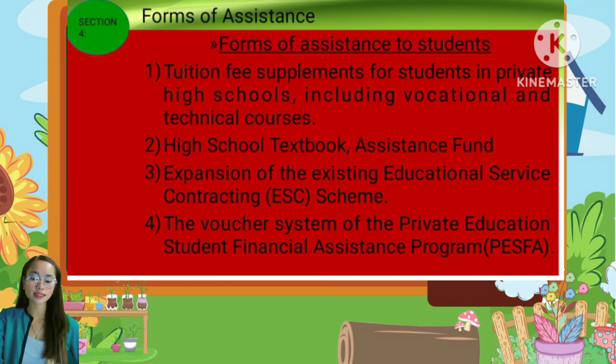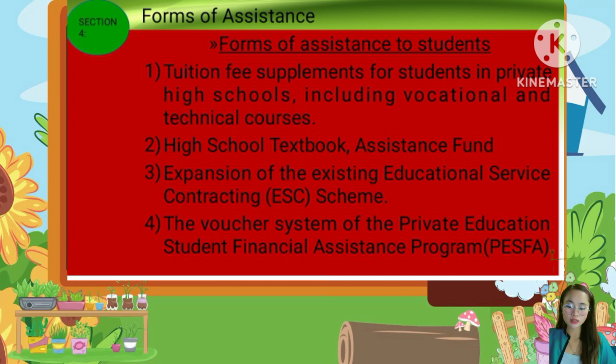The textbook assistance per student in private high school shall be determined by the council and shall not exceed what students in public high school are provided on a per student basis under a comprehensive textbook program in the Secondary Education Development Program, or SEDP.